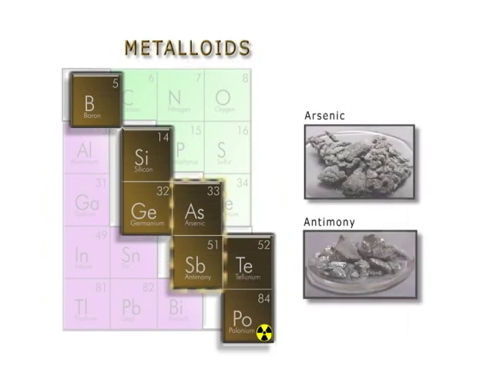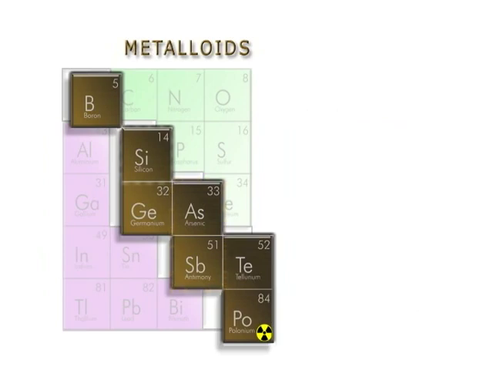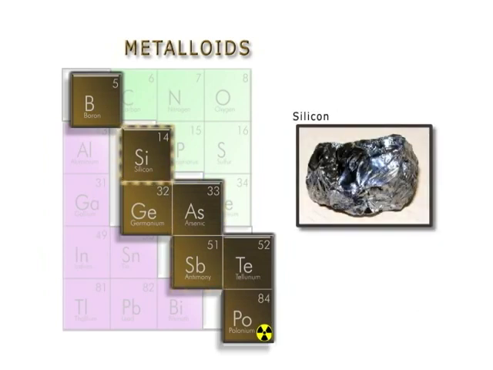Arsenic and antimony look shiny like metal, but they are poor conductors of electricity. Better than nonmetals, but not as good as regular metal, like sort of a metalloid. Or take the most famous metalloid, silicon. Silicon looks shiny and lustrous like metal, but it is brittle and prone to chipping like glass.